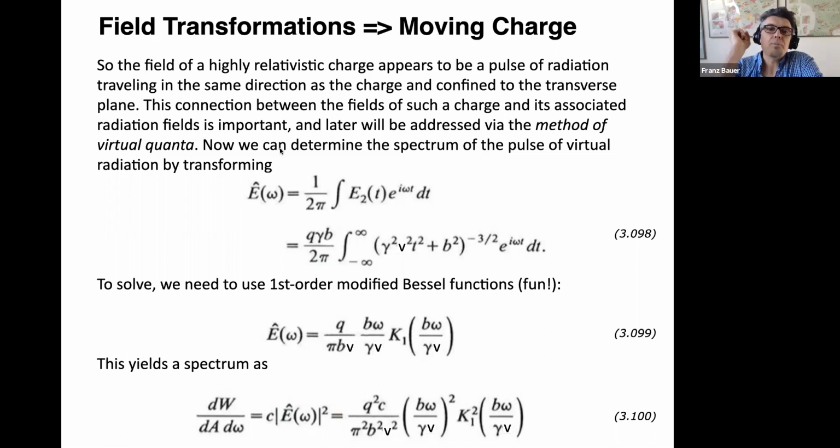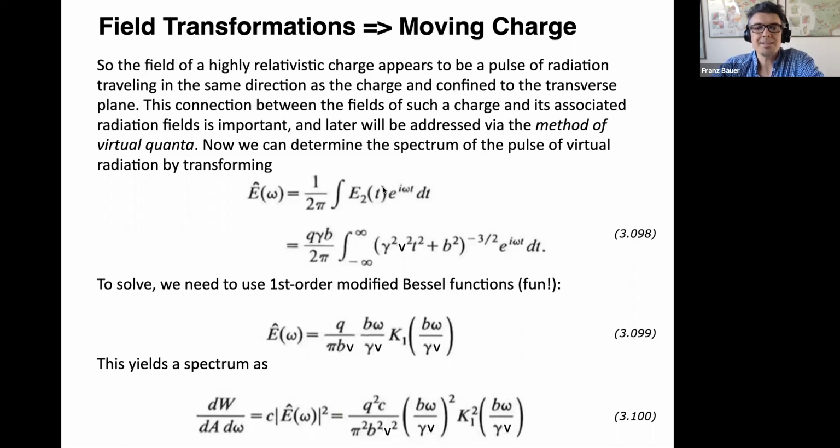Okay, so what we want to do now is determine the spectrum of this virtual pulse. And so we need to do our trick with Parseval's theorem, where we do the Fourier transform. So we have some E field we want to understand as a function of frequency. This is proportional to the E field, not necessarily in the y component, but in the E2 component as a function of time. And we multiply by this complex exponential here, and we integrate it over all time.